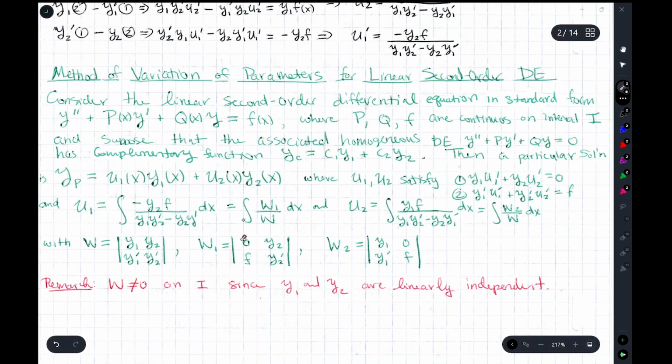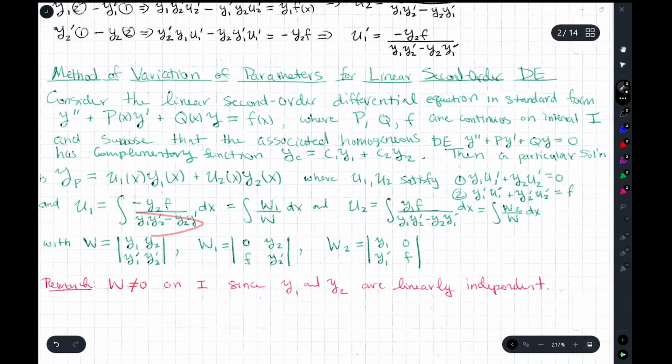W1 is the Wronskian with the first column substituted with 0 and f, the non-homogeneous term. And W2 is that same column substituted for the second column.